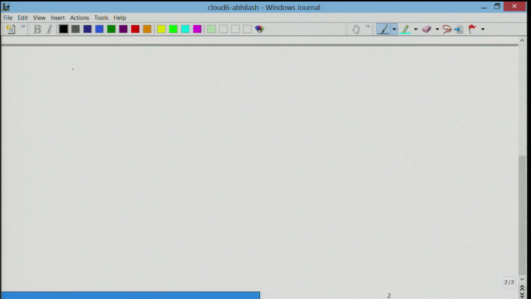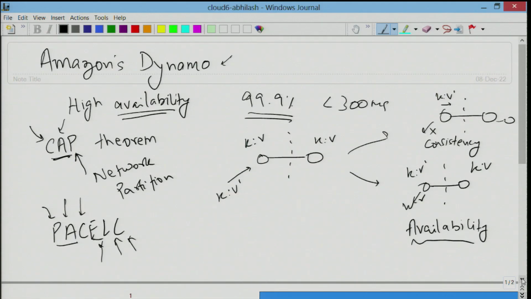The interface is pretty simple. It's just a key value store. Availability is saying that writes are not rejected, that the system will accept your writes.